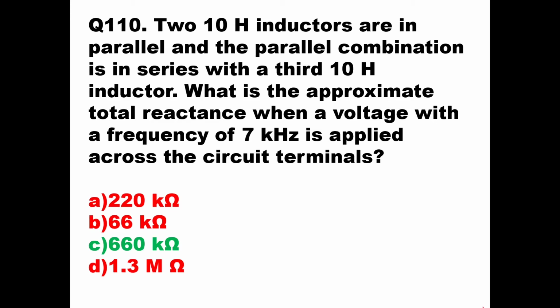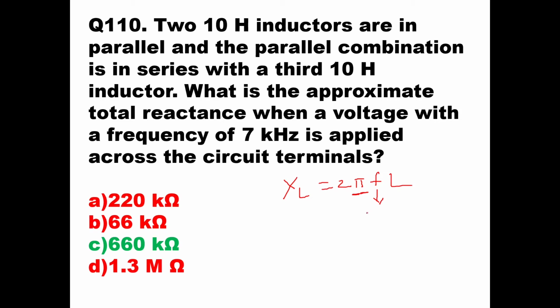So here you have to know that he has asked about reactance, and reactance XL is equal to 2 pi FL. The pi value you can take as 3.14 or 22 by 7.